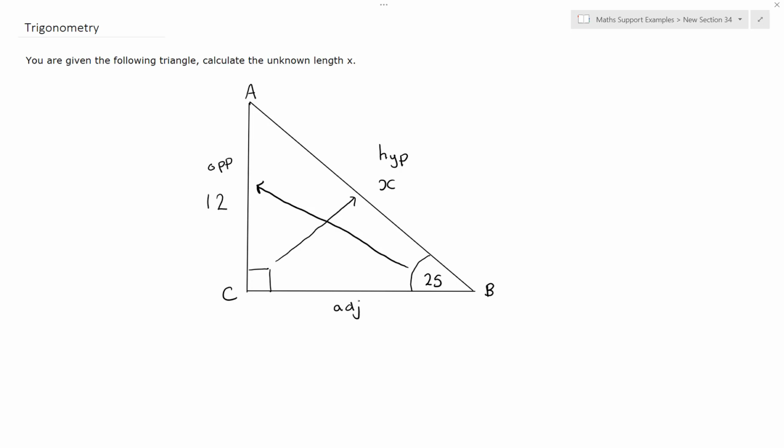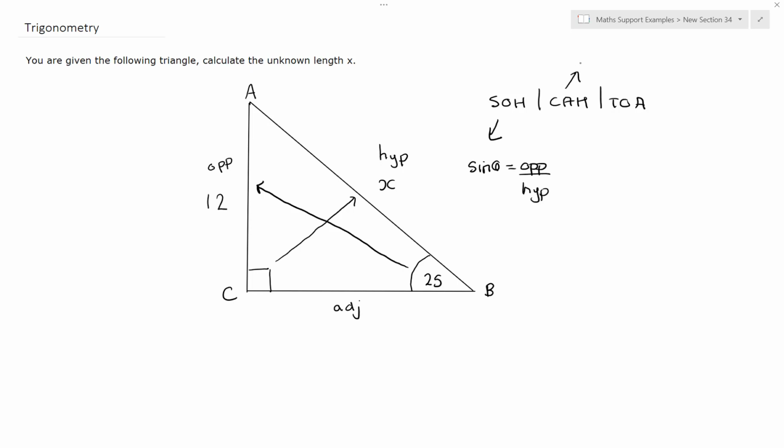Now we're going to have to use a trig ratio to find our unknown length x. And you should recall that your trig ratios are summarized by the expression SOH CAH TOA. Recall that the SOH tells us that sine theta is opposite over hypotenuse.